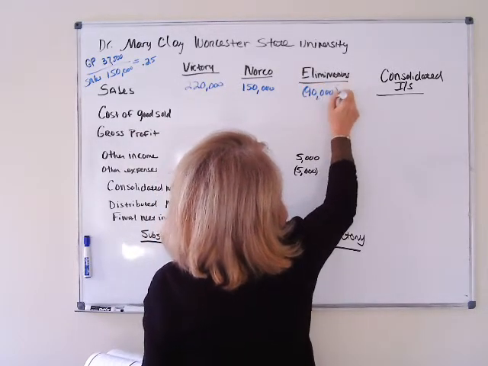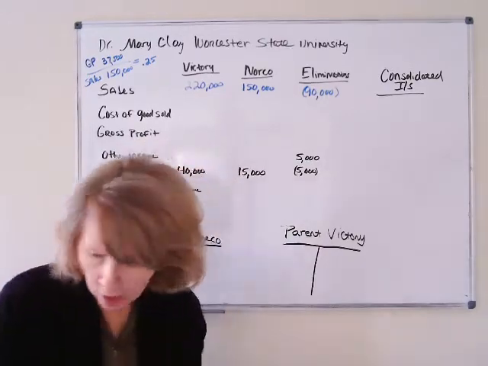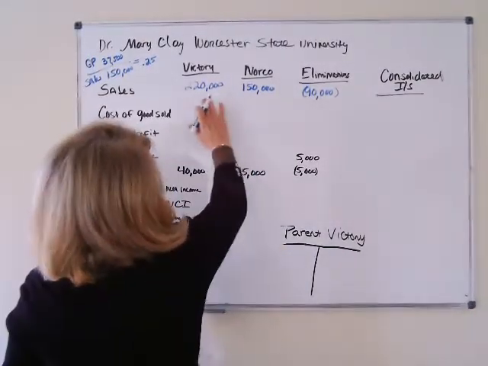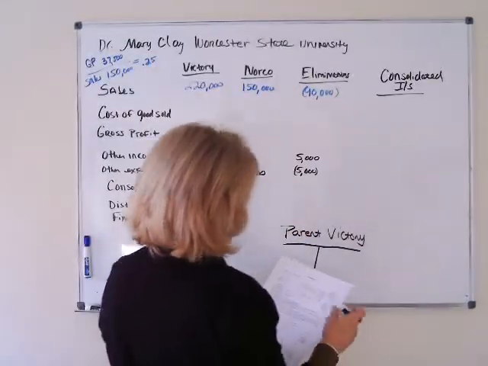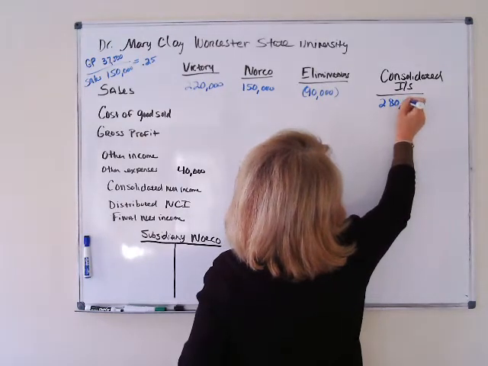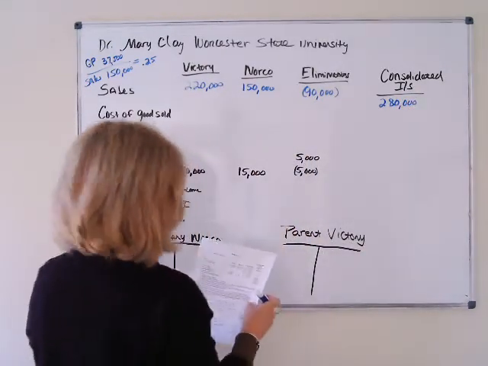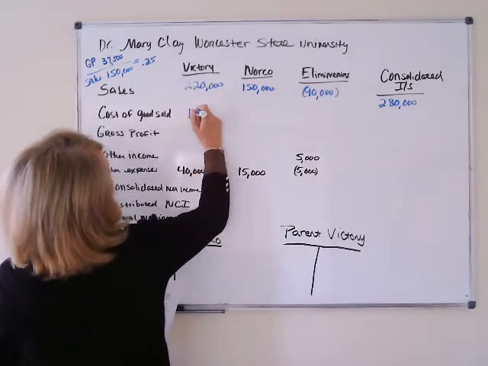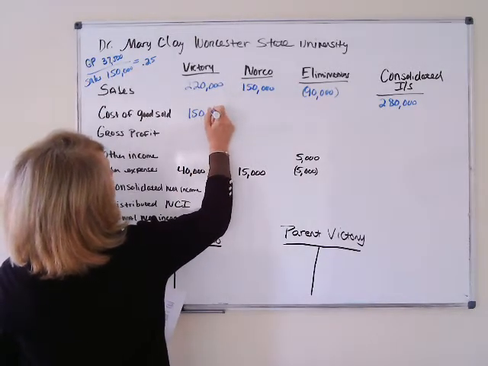Put that in parentheses, okay? We total this across, and that equals $280,000. Now I'm going to go to my cost of goods sold. My cost of goods sold for Victor is 150.